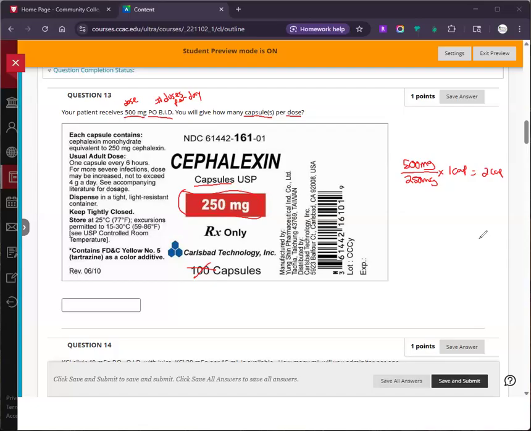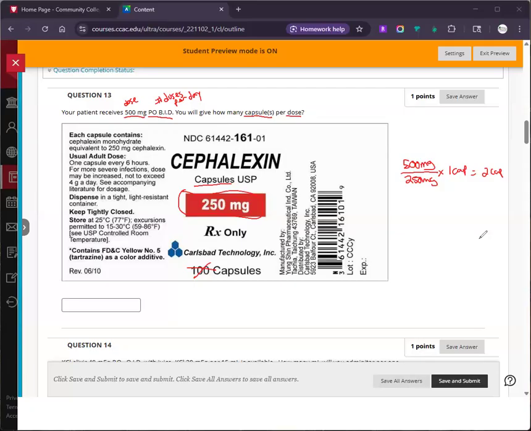Now, question for you guys. Do you think you can give somebody half a capsule? Good. No, you cannot give someone half a capsule. A capsule is all or none. So that helps to answer your question about rounding.